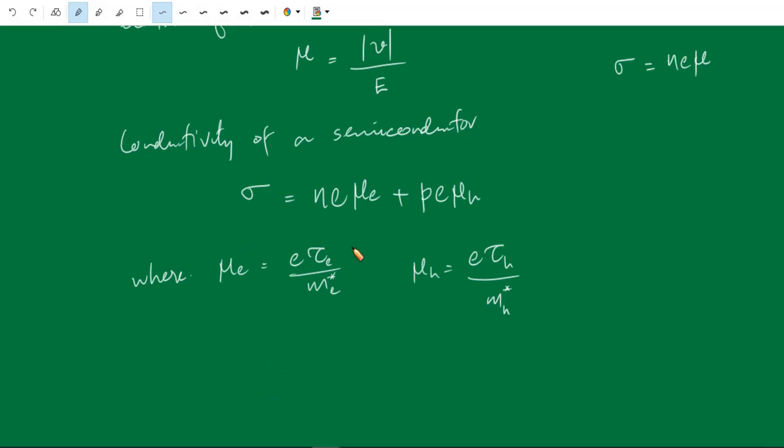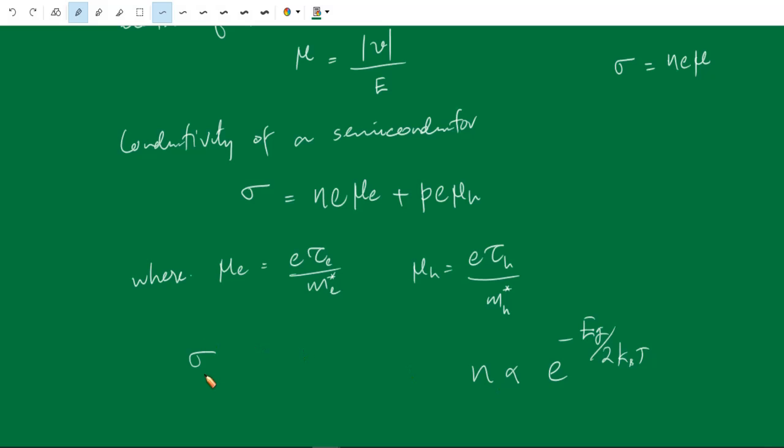Now the conductivity sigma depends on the number density N and P. As the temperature increases, we know the carrier concentration N is proportional to e raised to minus Eg divided by 2kBT. Here, as temperature increases, this quantity Eg by 2kT decreases, but since this has a negative sign, as temperature increases, N increases.